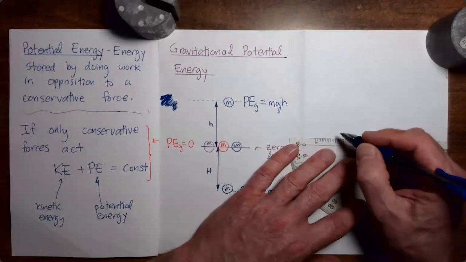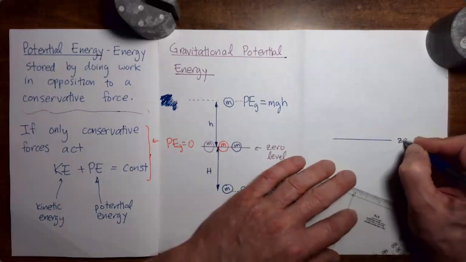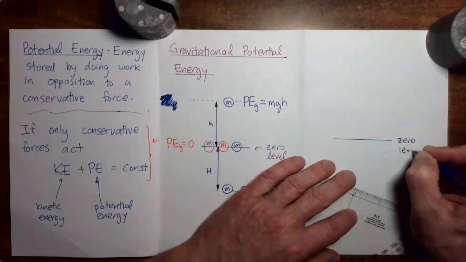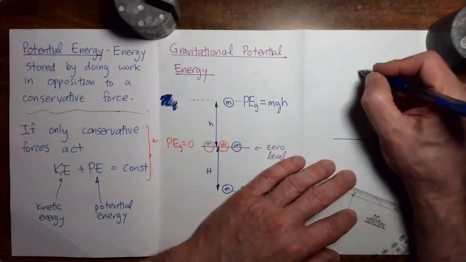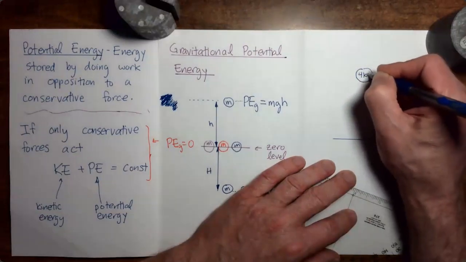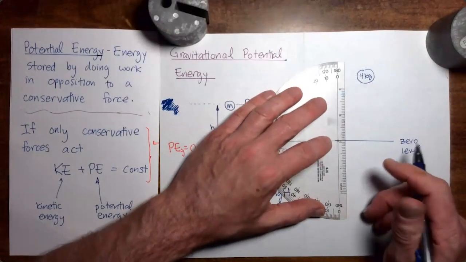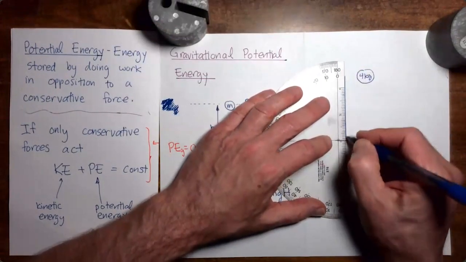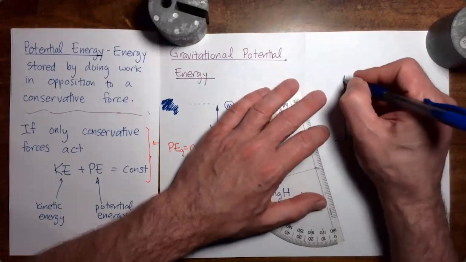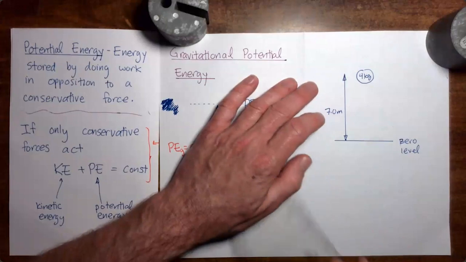Let's do a quick example. Let's say that I put my zero level here. And let's say that up here I have a 4 kilogram mass, and let's say that it is at a height 7 meters above the zero level.